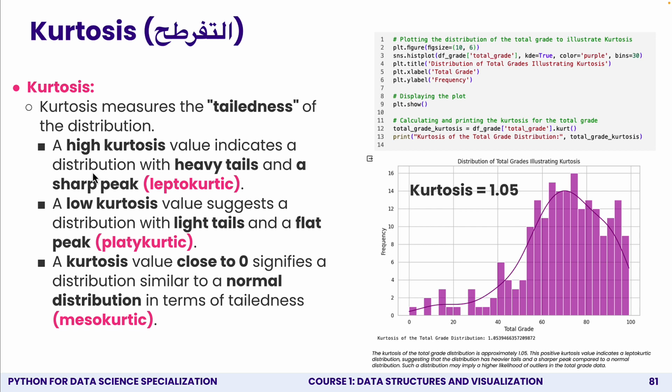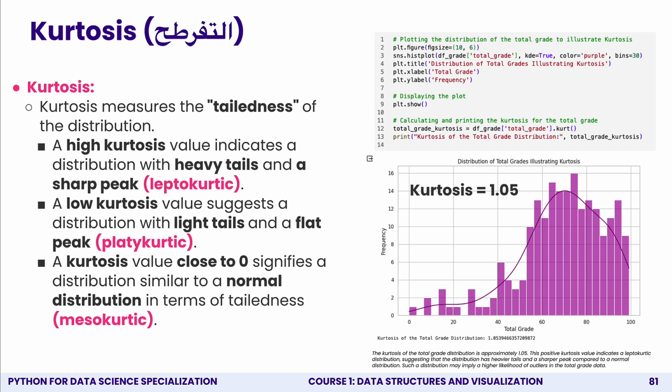The values indicate a distribution with heavy tails and a sharp peak. Such a distribution may imply a higher likelihood of outliers around the total grade. If I have a high peak, it means I have high concentration of data, but I also have outliers on the left and on the side.